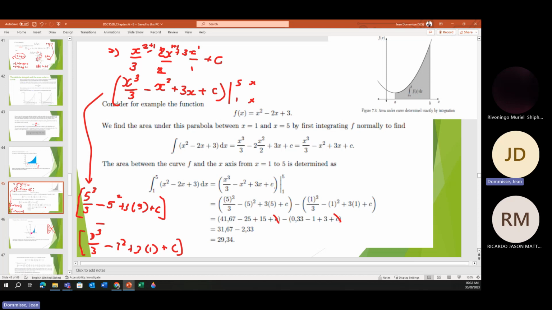It's multiple choice, so the lecturer or even the computer only marks what you have chosen. So I would probably have left the C out at the beginning, just so that it's one step less. So you can decide, when you need to work out the areas between two points, if you want to include the C or exclude it. In the process, it will cancel out in any case.